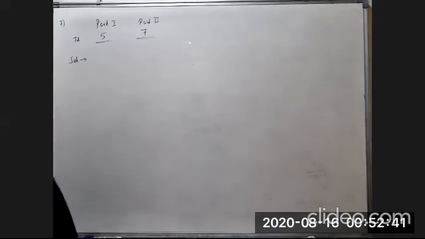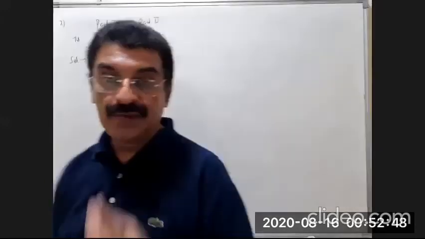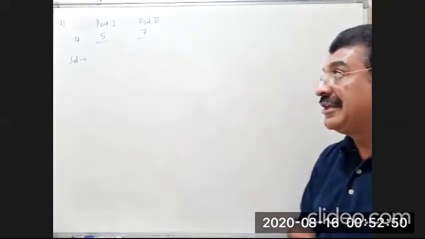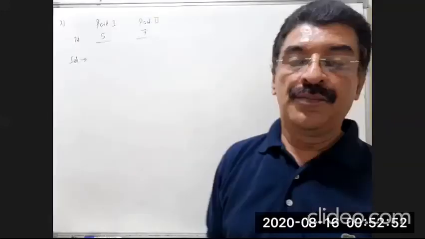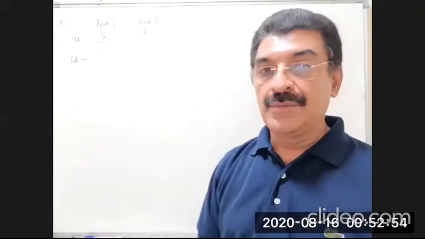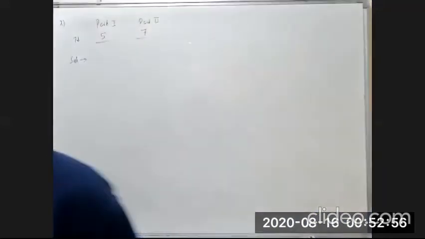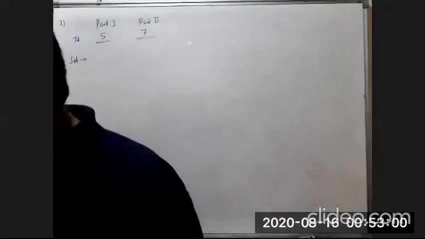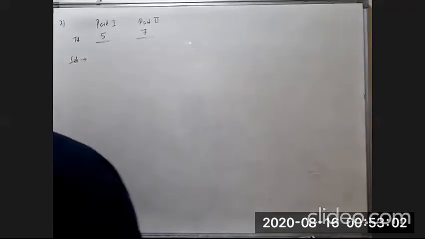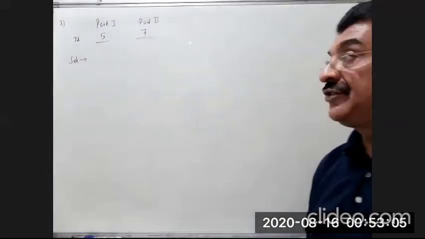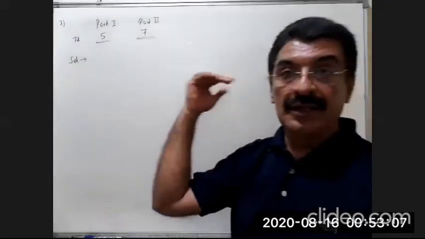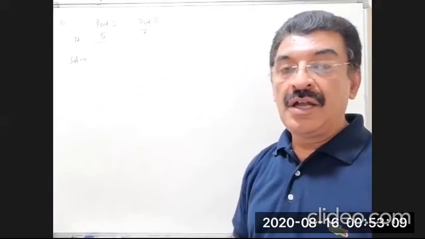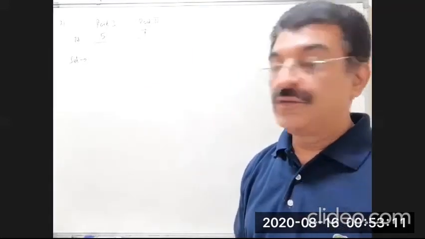A student is required to attempt 8 questions in all. So, a total of 8 questions he has to attempt. What's the condition? Total of 8 questions in all, selecting at least 3 from each part. That means from part 1, at least 3, starting from 3.